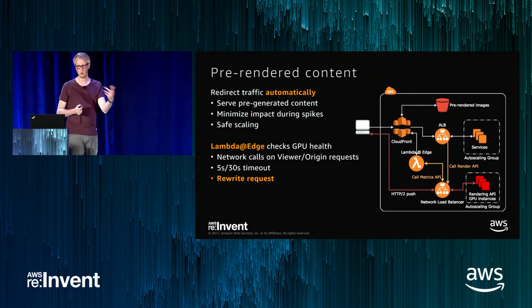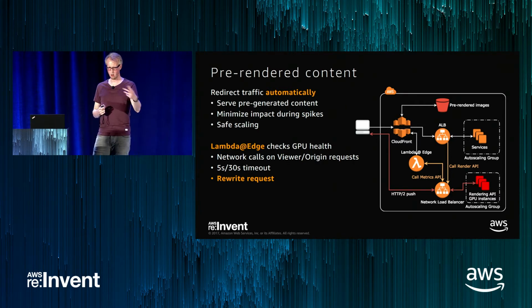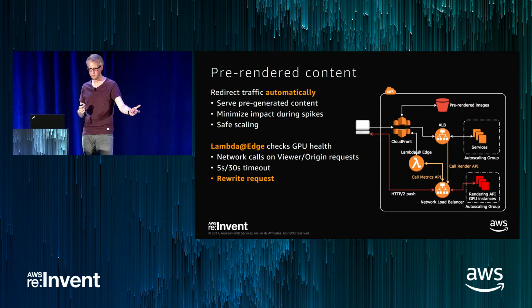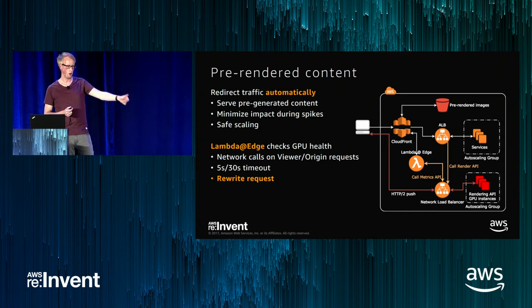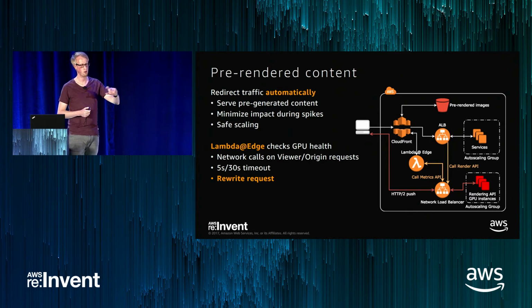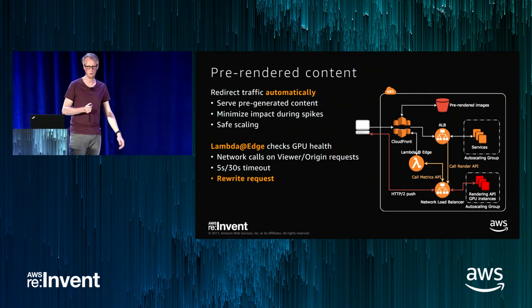So whenever the request comes in, we can call this Lambda function automatically. And then within this Lambda function, we can do network requests. And that allows us to call a metrics endpoint on our rendering API. And we can expose if we're overloaded, or if we consider our GPU fleet to be overloaded, or if we just say, OK, I don't want to live render this.